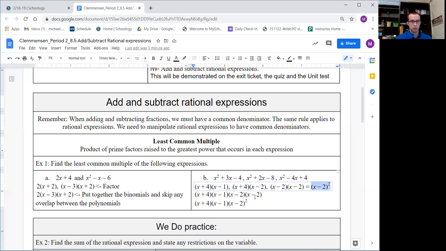That's exactly right. So at that last step right here, I was combining my like x minus 2s into an x minus 2 squared.